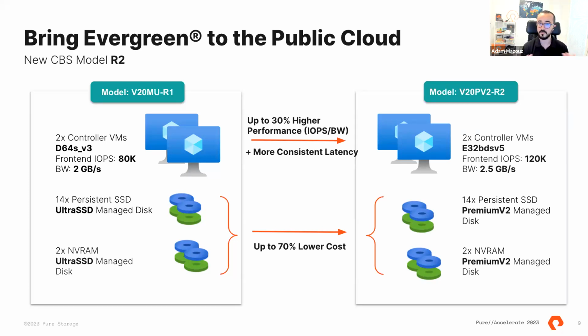And this is part of this evergreen promise. So with the new model, you will be obtaining higher performance in terms of IOPS and bandwidth, and also getting up to 70% lower cost because of the different backend storage we're using. So it's not an or, like cost or performance, it's an and here.